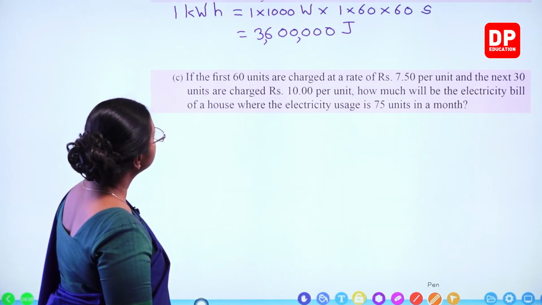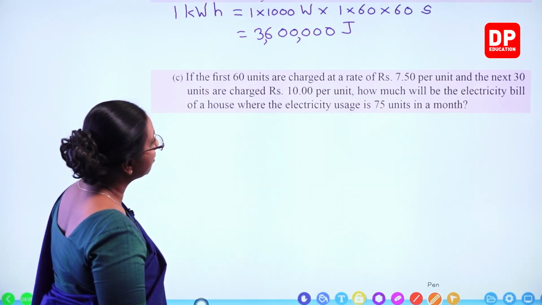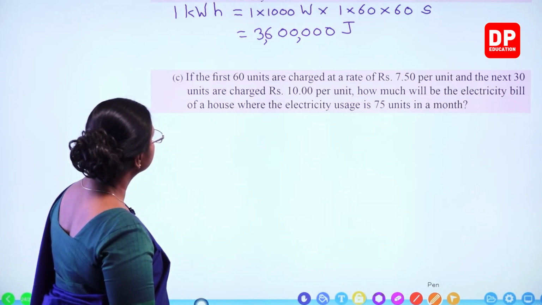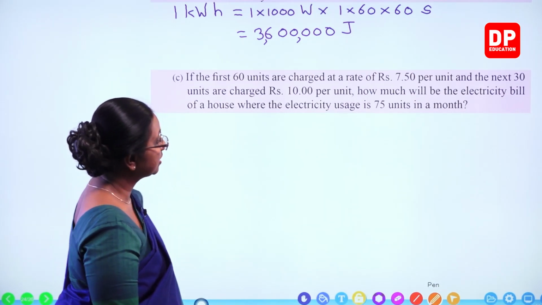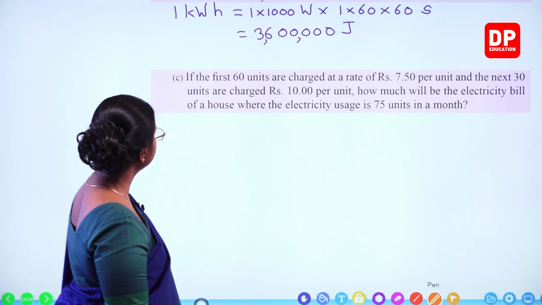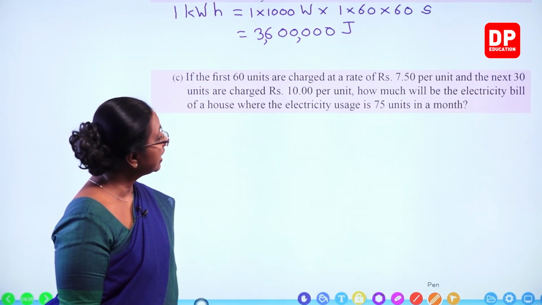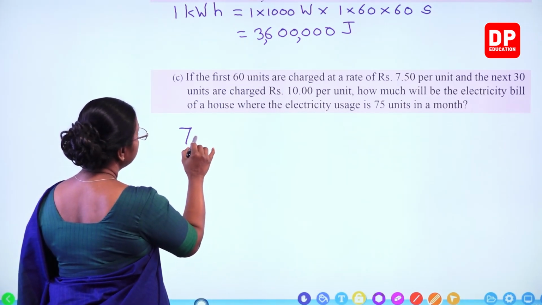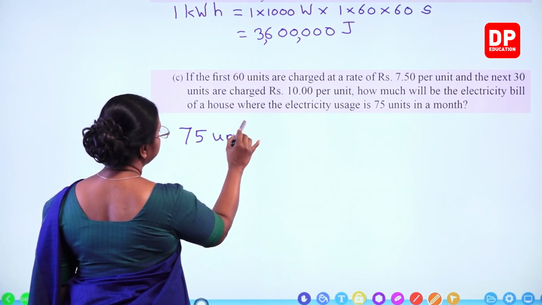If the first 60 units are charged at a rate of rupees 7.50 per unit and the next 30 units are charged rupees 10 per unit, how much will be the electricity bill of a house where the electricity usage is 75 units? So the household uses 75 units.